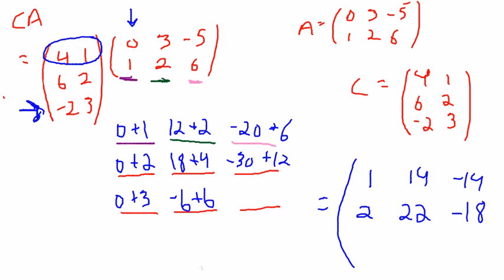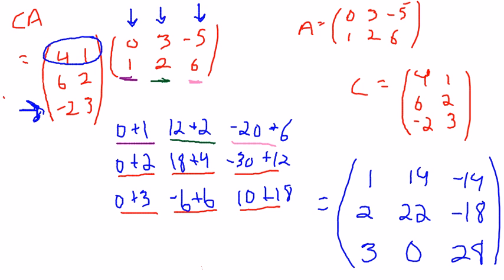Then, so that was it times this row. Now I'm going to do the negative 2, 3 by this. Negative 2 times negative 5 gives me a 10. And then 3 times 6 plus 18. So my row becomes 3, 0, then 28. But don't stop yet.